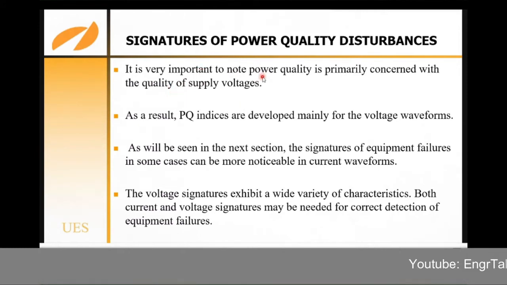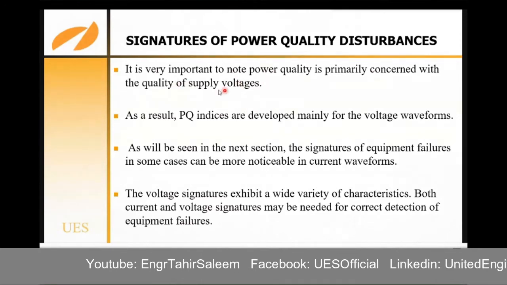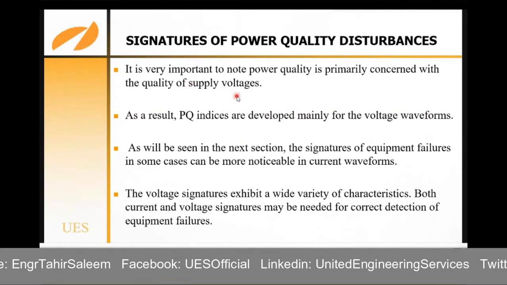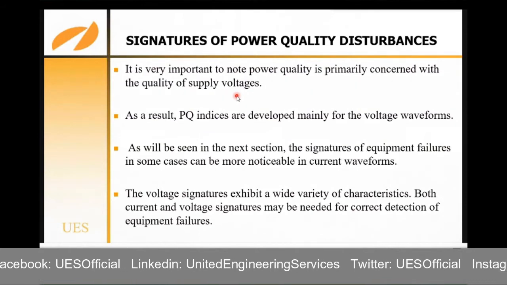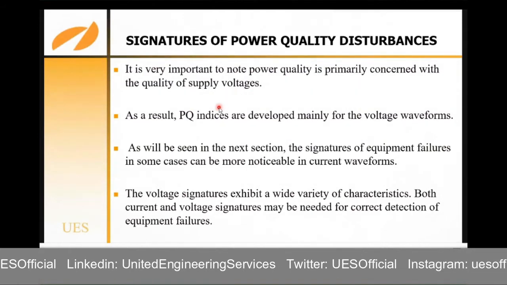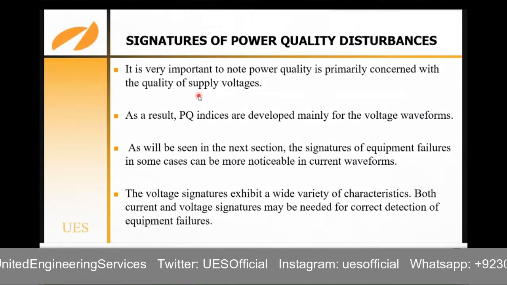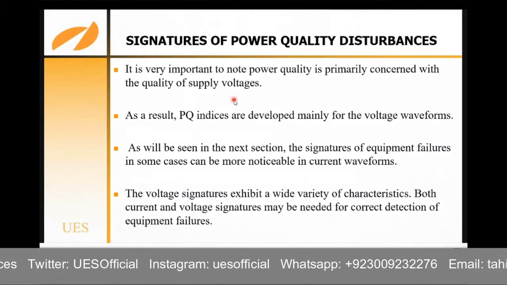And if you are experiencing a power quality problem, regardless of what load you have, then you must check the supply, either a generator, a conventional power plant, or anything else you are getting from the grid. This is totally concerned with the quality of supply voltages.